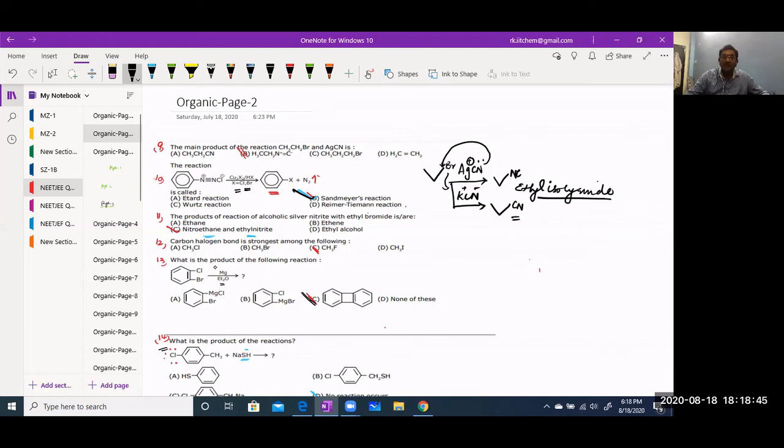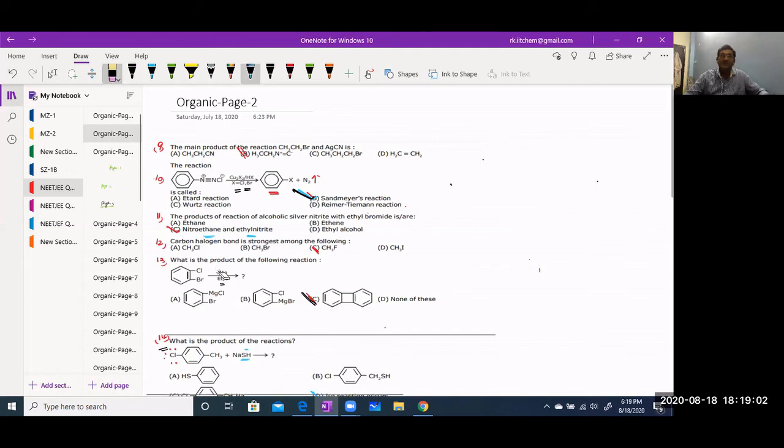Then next, the product of reaction with alcoholic silver nitrite and ethyl bromide. It's really, really important, children. We will do this also. Whenever you have taken alcoholic silver nitrite with ethyl bromide, that is going to be AgNO2.